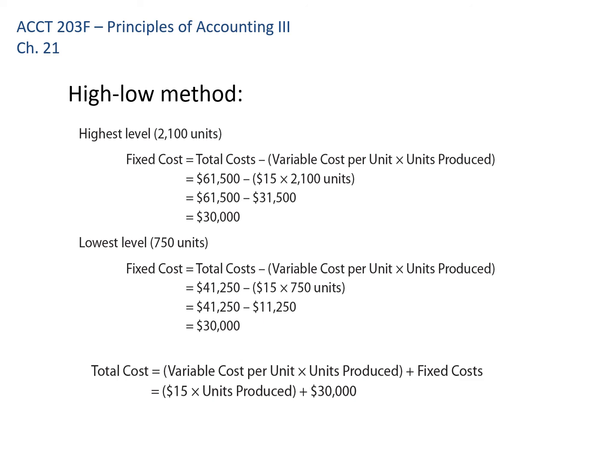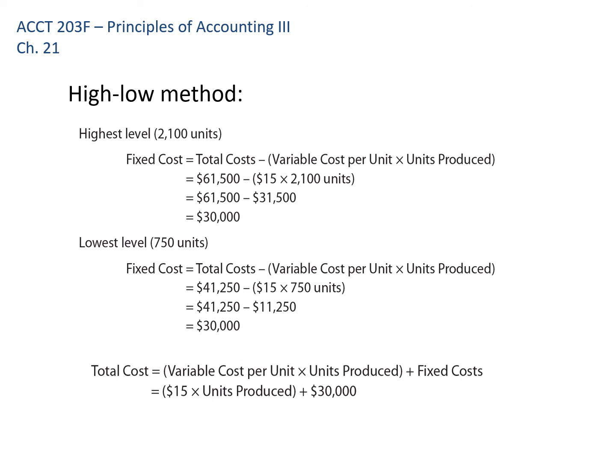For the high level, the 2,100 units, the fixed cost is the total cost of 61,500 minus the variable, which we just calculated at $15 per unit times 2,100 units. So my total variable portion of the cost at 2,100 units is 31,500. I take that away from the total. The fixed portion must be 30,000.